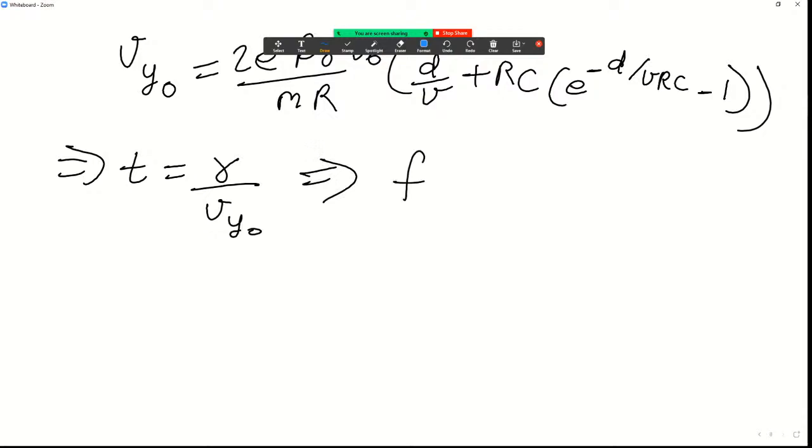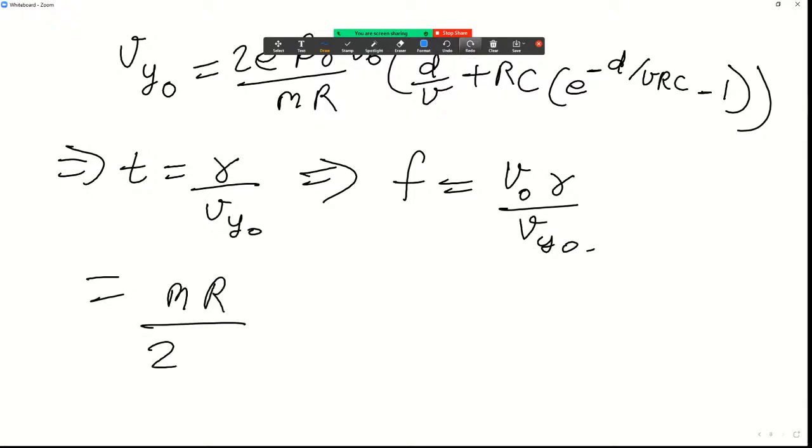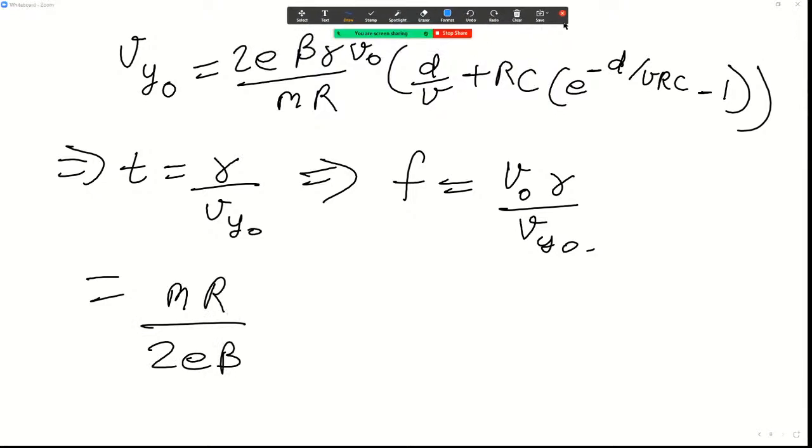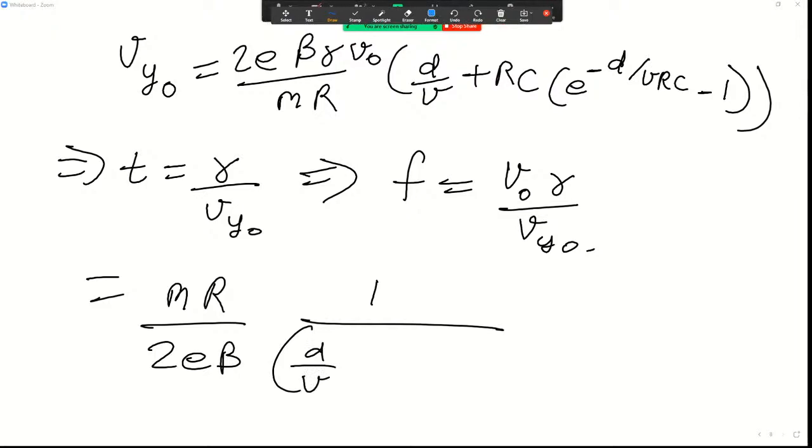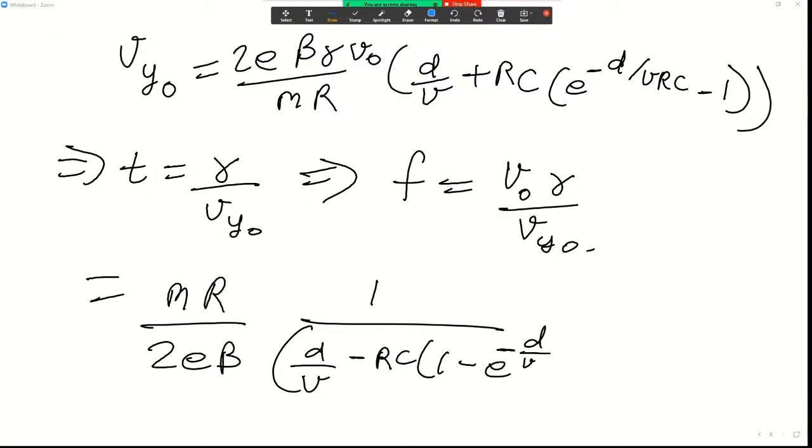Therefore we have focal length to be v0 into r by vy0, that is mr by 2e beta, 1 over d by v minus rc, 1 minus e to the power minus d by vrc.